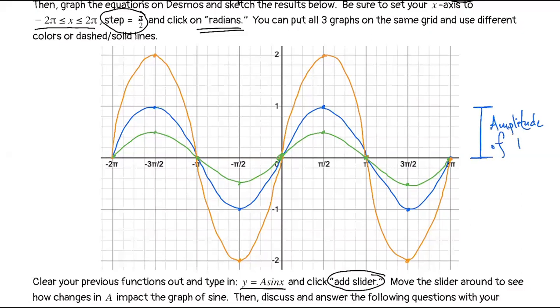Now knowing that, what is the amplitude of the orange graph? And what is the amplitude of the green graph?